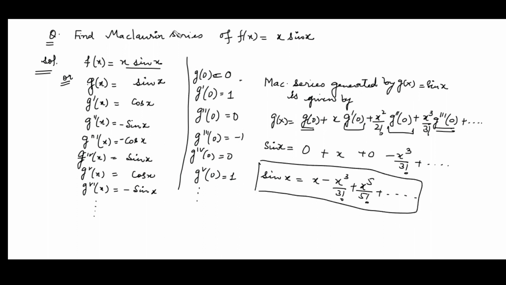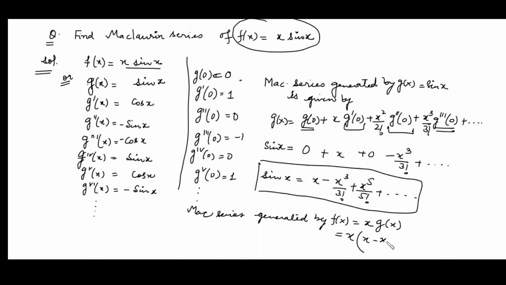But we need to find out the Maclaurin series for this function. So the Maclaurin series generated by f(x), which is x times g(x), will be x times x minus x cube by 3 factorial plus x to the 5 by 5 factorial, and so on. So this is the Maclaurin series of the function x into g(x).